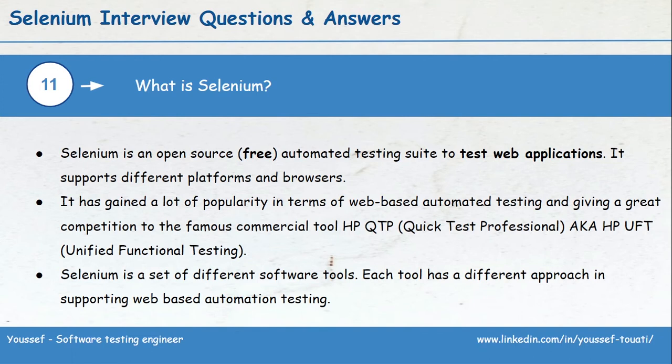We mean by QTP Quick Test Professional, also known as HP UFT, Unified Functional Testing. Selenium is a set of different software tools. Each tool has a different approach in supporting web-based automation testing.